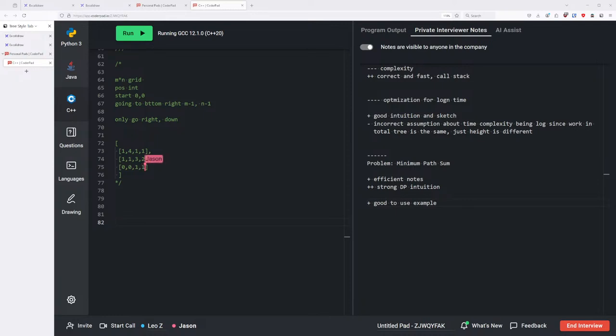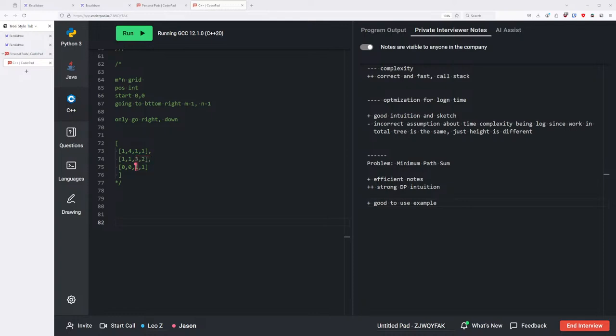So let's start from the bottom right here. We can go either left or up, essentially in reverse. At this point, the minimum is just 1, right? Then going right to left, down up, at this point the minimum would be this one plus the current one right here.